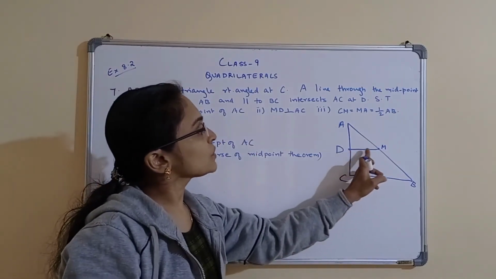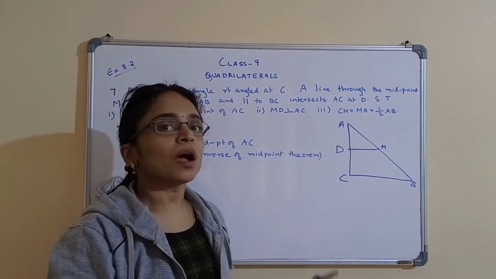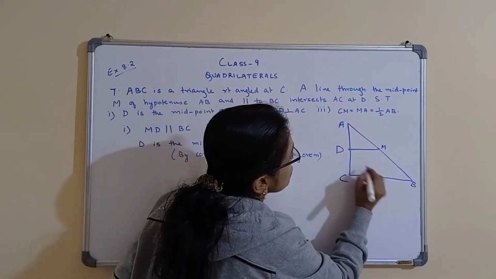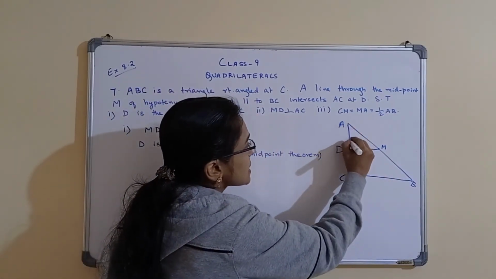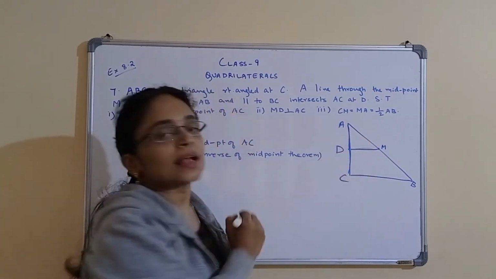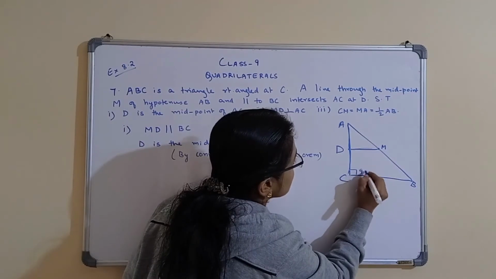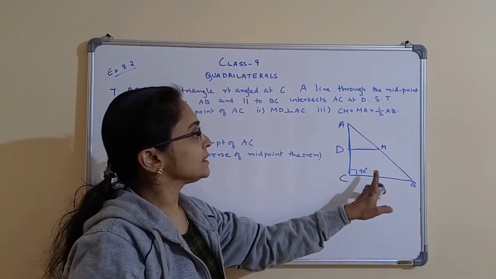Now we have to prove that this MD is perpendicular to AC. How will we prove that? We know that these two lines are parallel, right? So this is the transversal and we know that this angle is 90 degree, right? Angle C is equal to 90 degree.